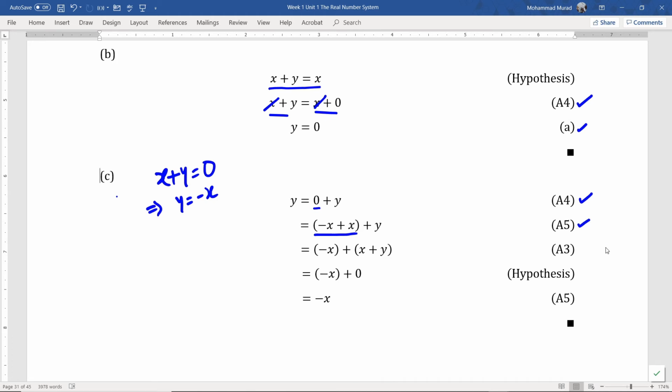Then by the application of the associative law for addition, A3, we obtain this statement. And now we apply the hypothesis that x plus y is 0. And then we apply the axiom A4 that for any element, negative x in the field, the element plus 0 is the element itself. So this shows that y must be equal to negative x. This is the end of the proof of C.